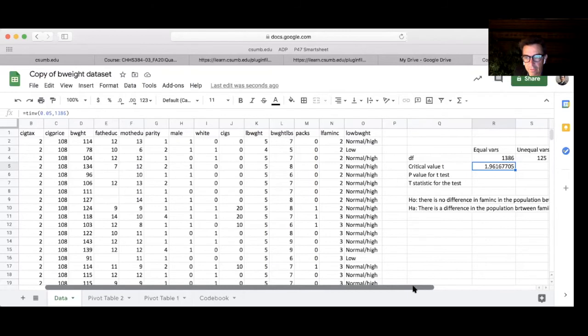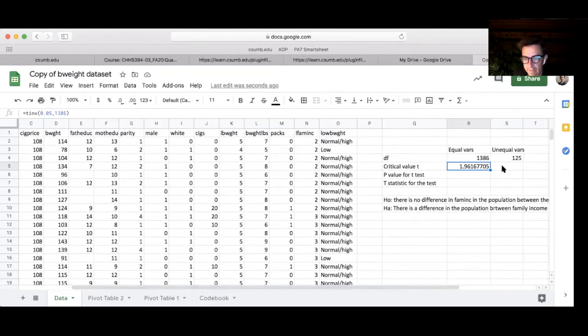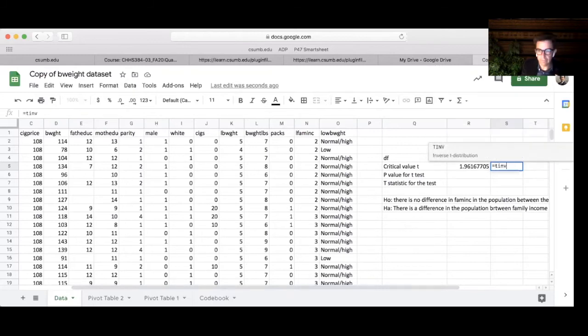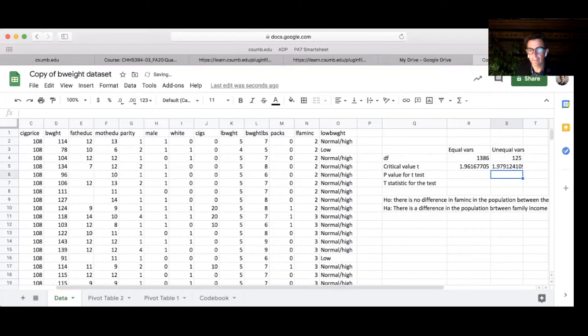All right, now let's look for this other one. It's the same formula, but now our degrees of freedom are a little different. So equal T inverse, open parentheses, our alpha is 0.05, and then comma, and then degrees of freedom is 125. Close that, and we have our T value.